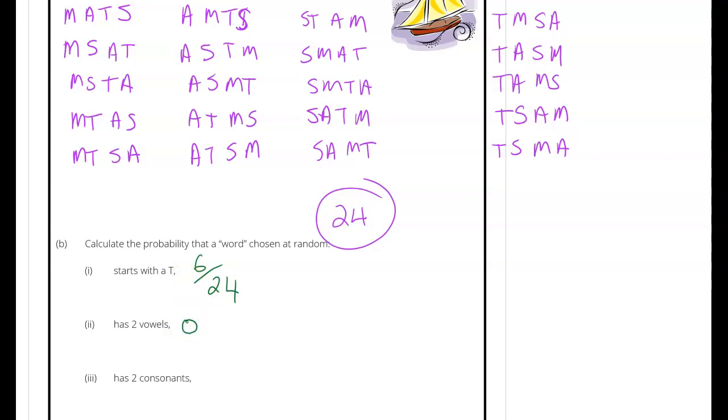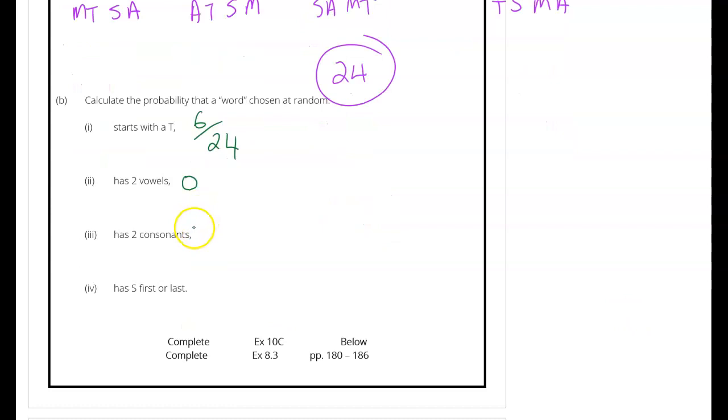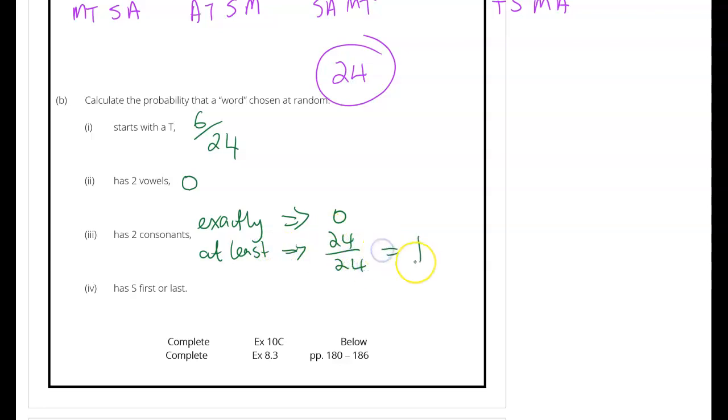Oh, I thought we were talking about any word. All right, so exactly 2, then the answer is 0. If it's at least 2, then all of them. So 24 out of 24, or that is a certainty.